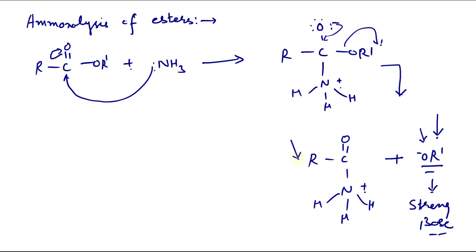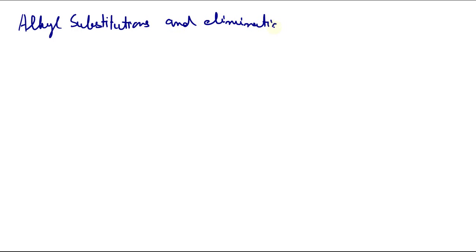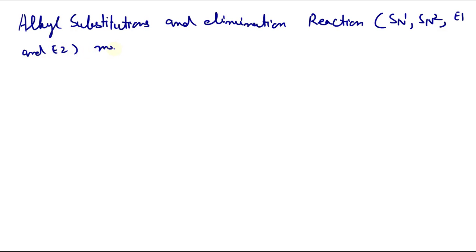Now if you are aware of alkyl substitutions and elimination reactions that you have studied earlier, like SN1, SN2, or E1 and E2 mechanisms, then in these mechanisms, strong bases are very poor leaving groups.